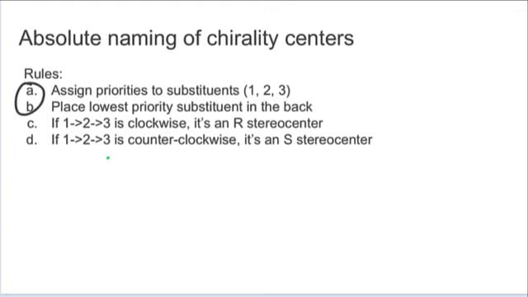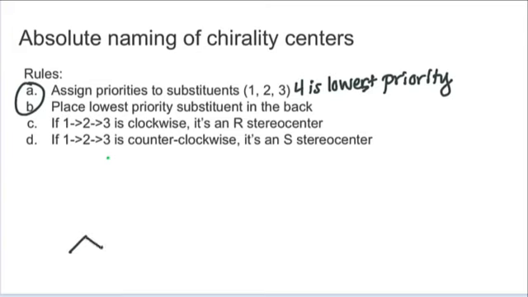The first two rules assign priorities to the substituents as priority 1, 2, 3, and 4. For this rule, priority number 4 is always going to be the lowest priority.